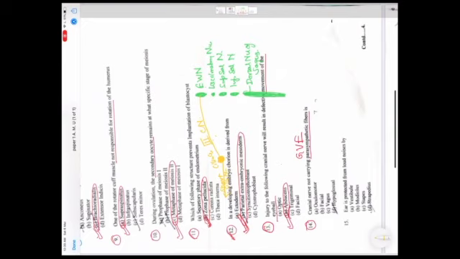Then the lacrimatory fibers and superior salivatory fibers, both of them will pass and reach two ganglia, the one ganglion and the other ganglion. This one is called the pterygopalatine ganglion, and this is the submandibular ganglion.